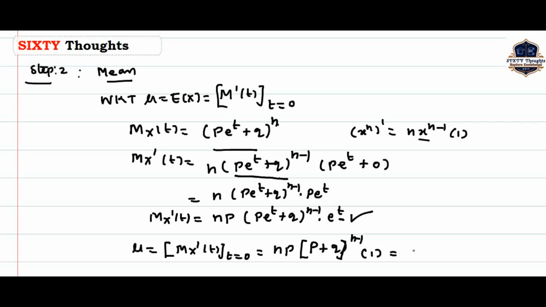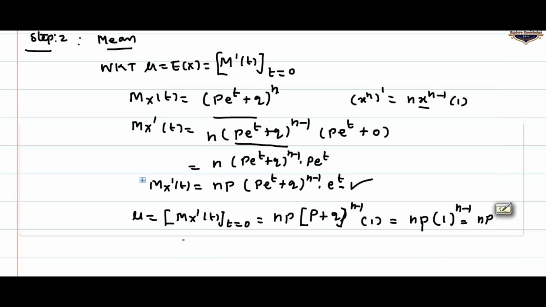That is nothing but np into (p+q)^(n-1). We know that p plus q is 1, and 1 to the power n minus 1 is 1, since 1 to the power anything is 1. So we get np. Therefore, the mean of the binomial distribution is mu equal to np.